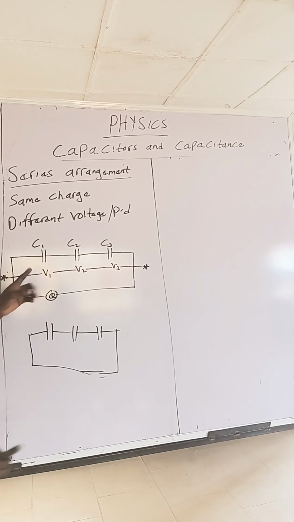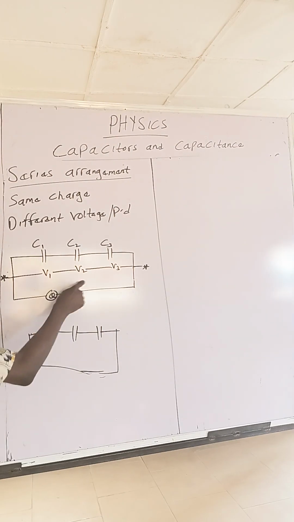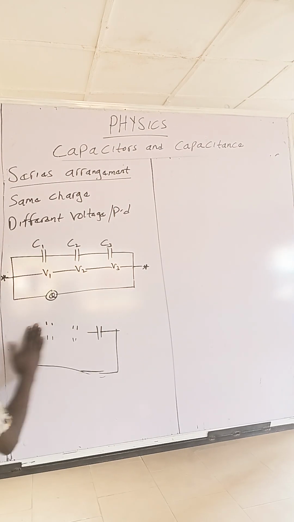Now, since we've known that capacitors in series have different potential difference but the same amount of charge, we need to know the overall potential difference across them.